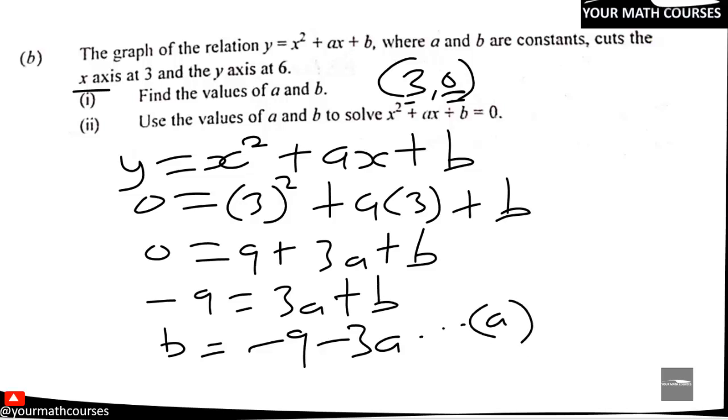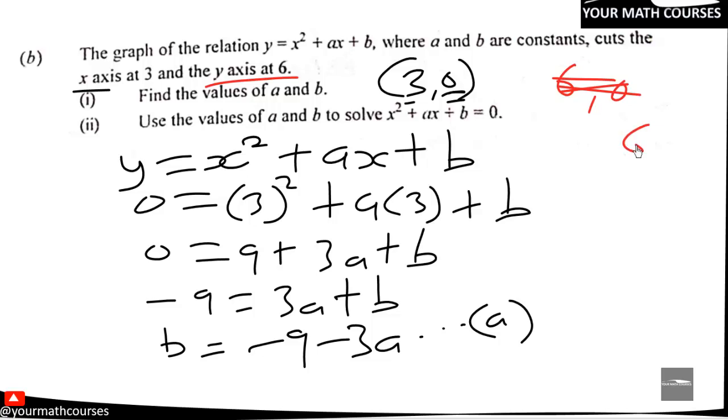Then again, we're told that the graph cuts the y-axis at 6. So that point will be 0 comma 6, the y value will be 6.